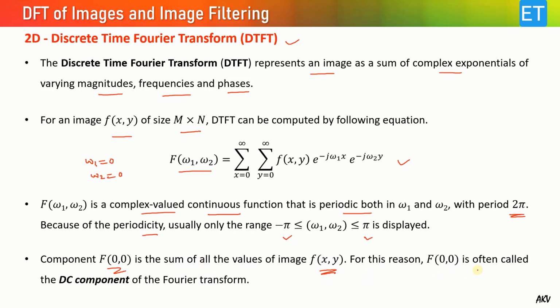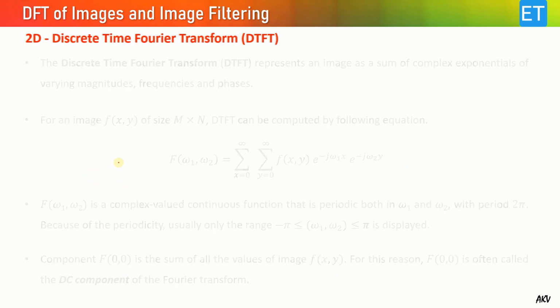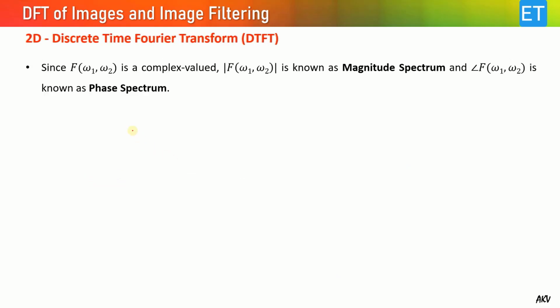For this reason, F(0,0) is known as the DC component. Why the DC component? Because for omega1 equal to 0 and omega2 equal to 0, there is no frequency. Since there is no frequency, it is known as the direct current, or DC, component of the image.